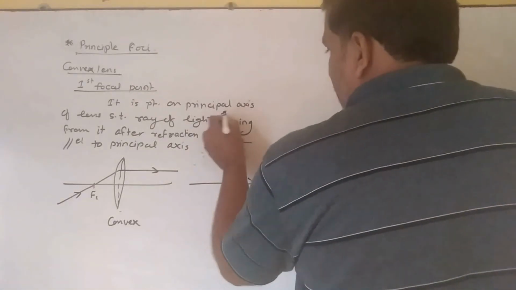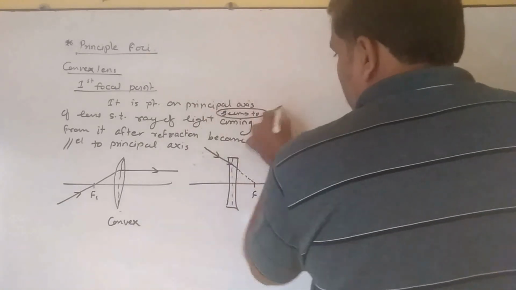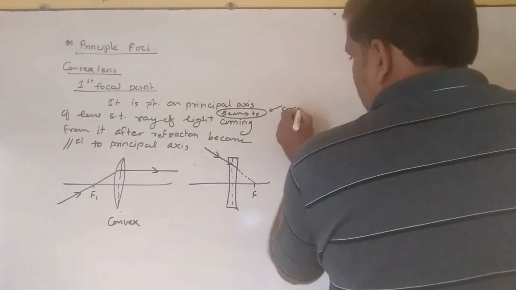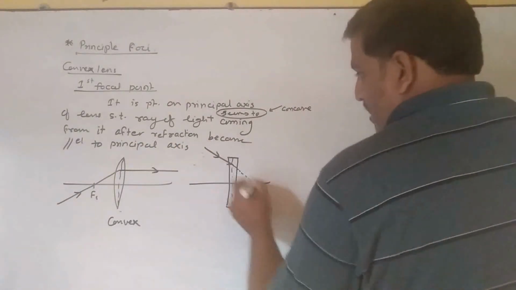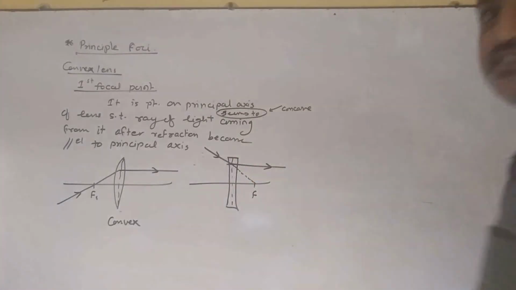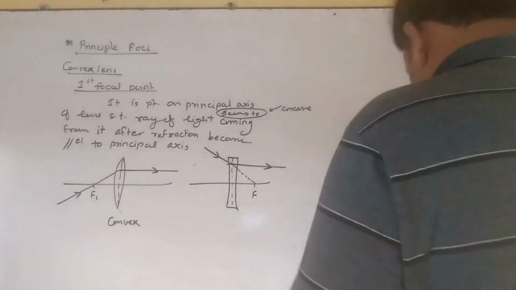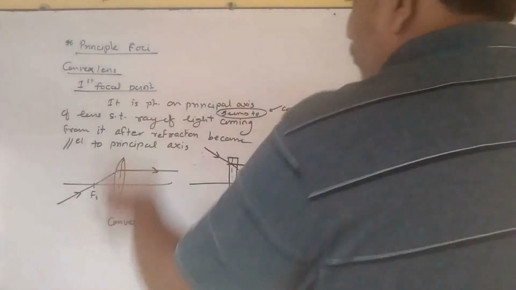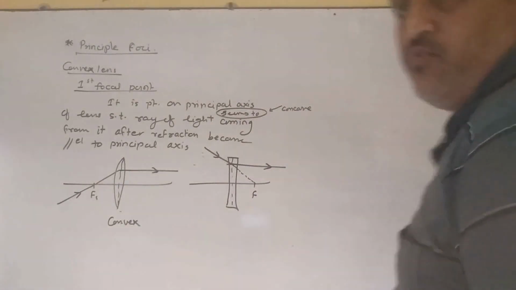Here only you have to add the words seems to, for concave. Okay, these are both definitions for the first focal point. Next is the second focal point.